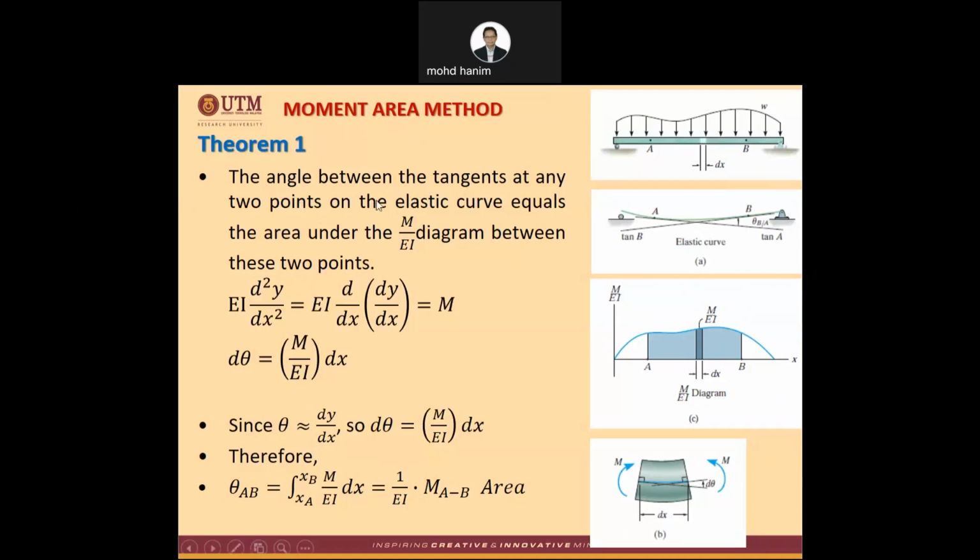The tangents at any 2 points, point A and B in this figure, on the elastic curve equals the area under the M over EI diagram between these 2 points. This is the M over EI diagram. This is the x-axis or distance, and this is the bending moment diagram.